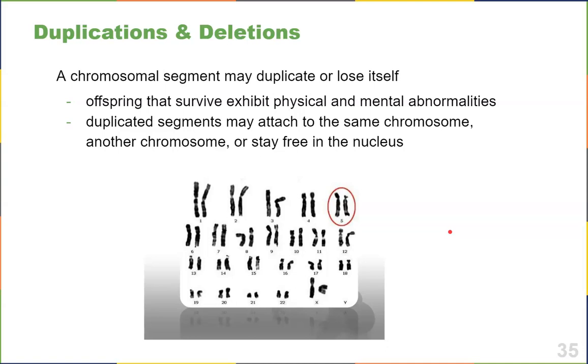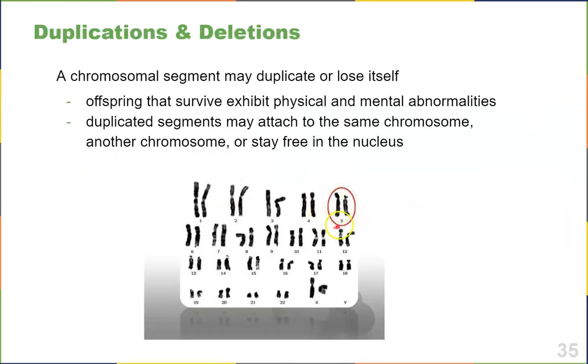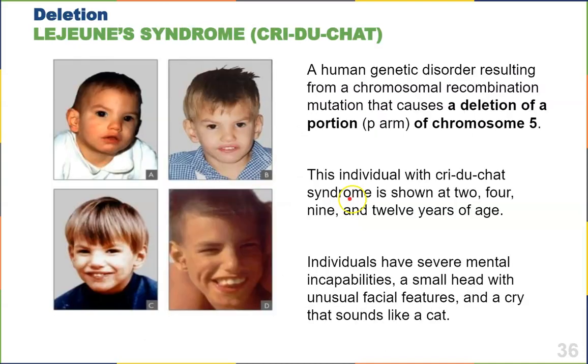If a chromosome segment duplicates itself, the offspring will exhibit some kind of mental and physical abnormalities. If a portion of a chromosome is deleted, like this one here where the portion up top has been lopped off, that means the genes are completely missing from that chromosome.